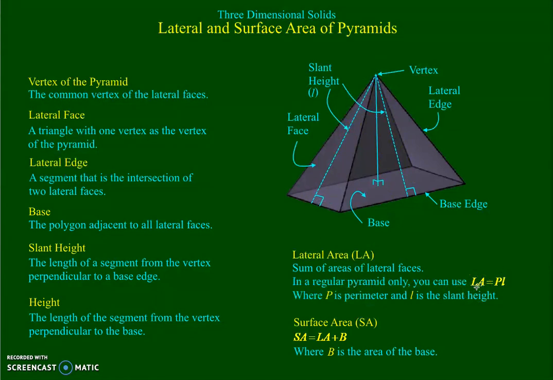And so you must exercise great caution to understand that if you have a regular base, that is a regular polygon, where all sides are equal in length and all angles are equal, you can use this formula. I usually don't recommend memorizing a formula if you don't need to. The easiest way to do a lateral area for one of these is to find the area of that triangle, that is 1/2 base times this slant height, and multiply it by 2 because you have one here and one here.